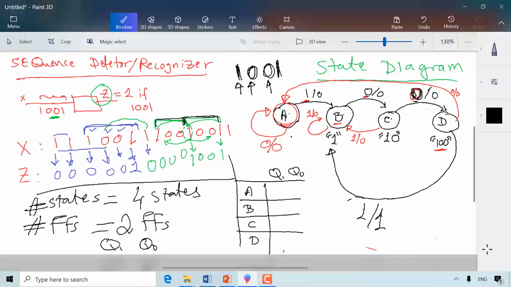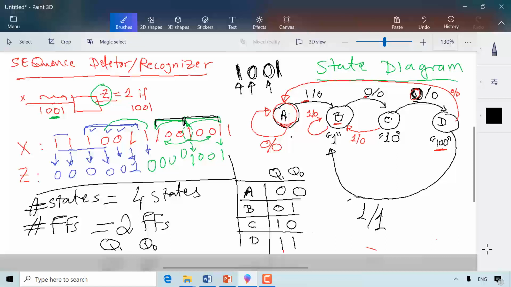So let's assume when Q1, Q0 is 0, 0, I'm in state A. When Q1, Q0 is 0, 1, I'm in state B. When the state is C, Q1, Q0 is 1, 0. And when the state is D, it is 1, 1.